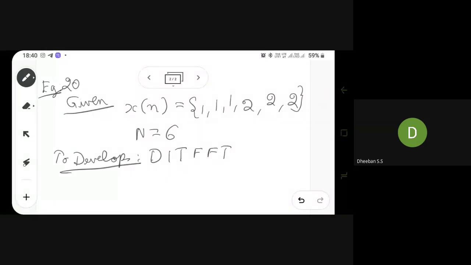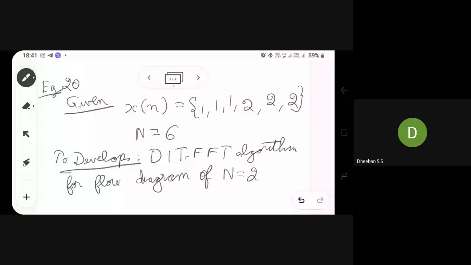The flow diagram for N equal to 2 cross 3.